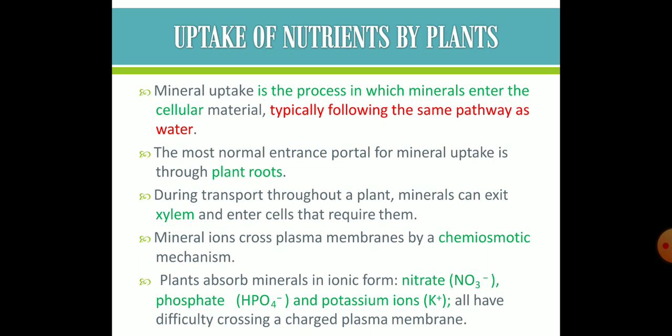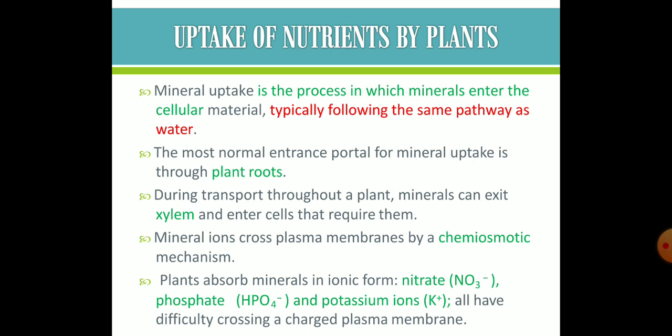The most normal entrance portal of mineral uptake is the plant root, and whatever amount of mineral is absorbed by the root is conducted through the xylem and enters into the cells. Mineral ions are transported across the plasma membrane by a chemiosmotic mechanism, which plays a very important role in nutrient uptake.